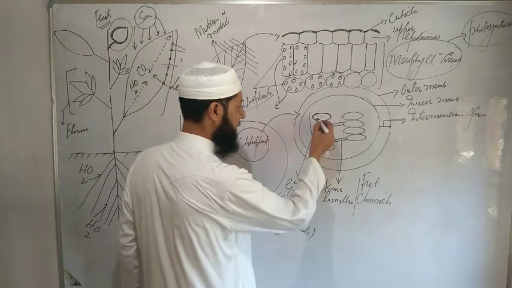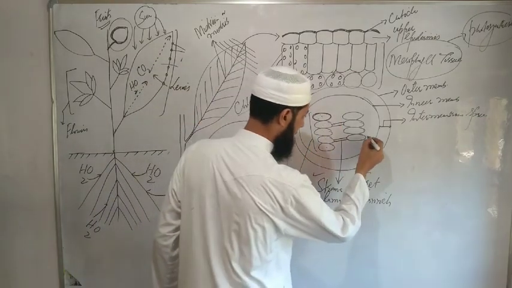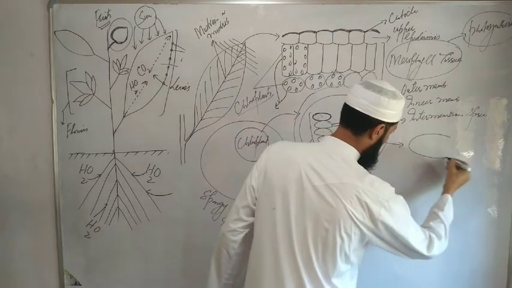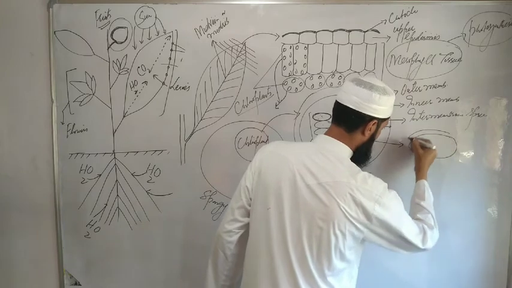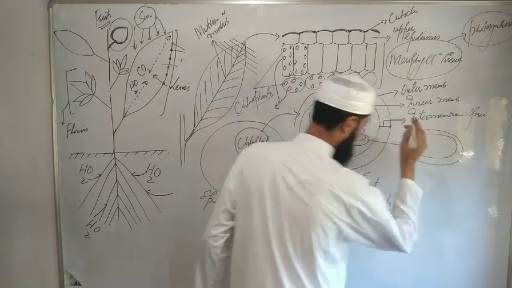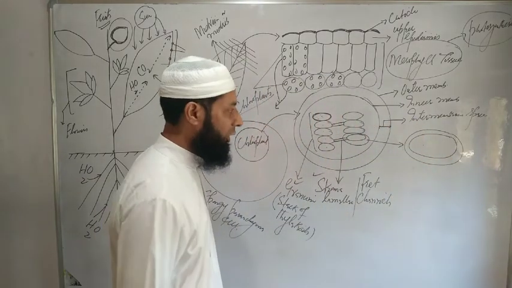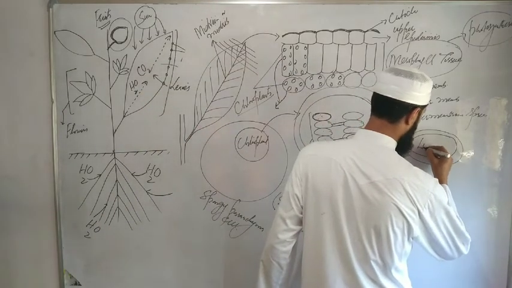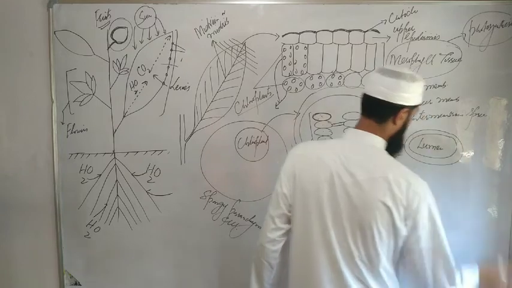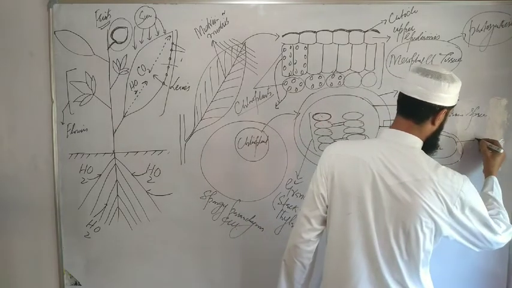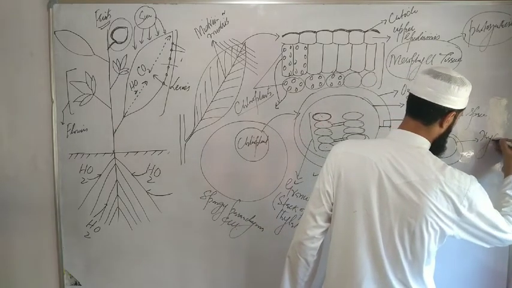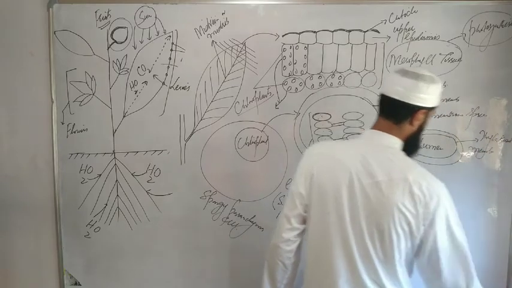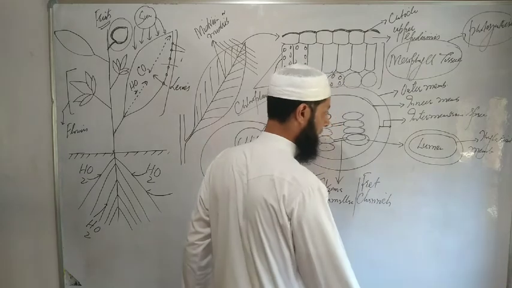That means here, if it's a single granum, it's a single thylakoid. This thylakoid has a space inside that's called the thylakoid lumen, and then you have a membrane that's called the thylakoid membrane.